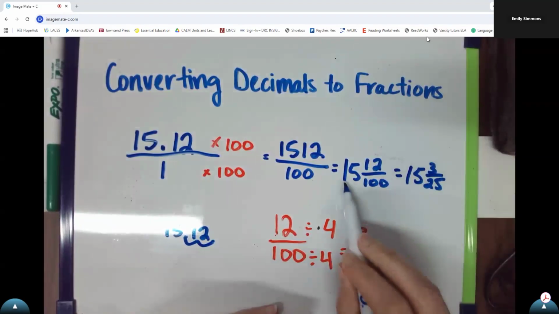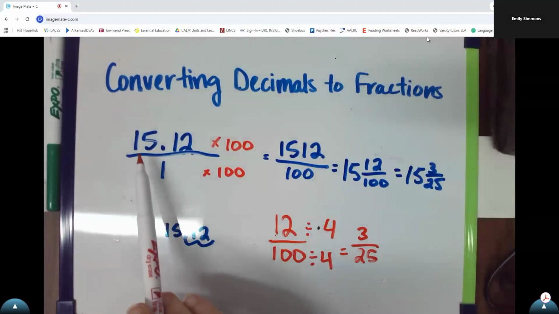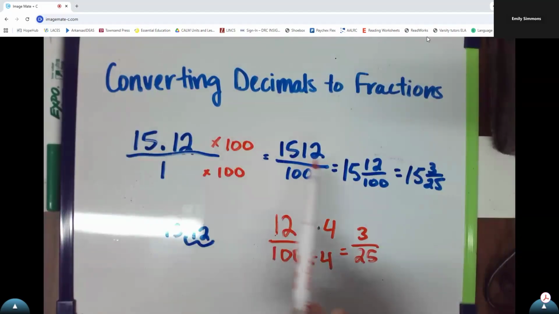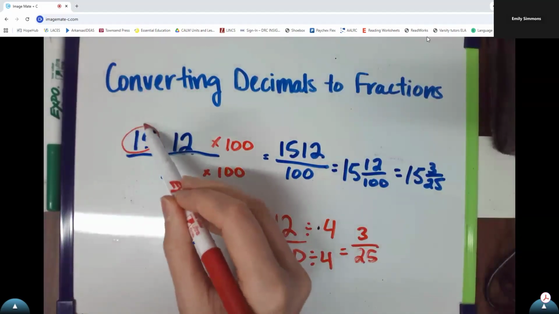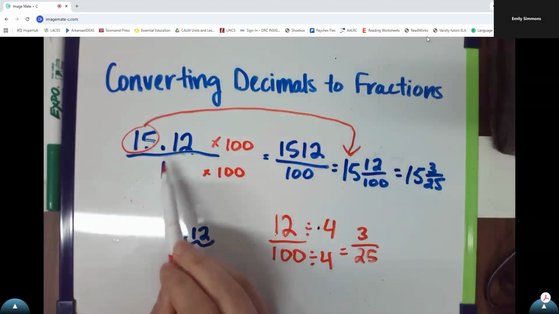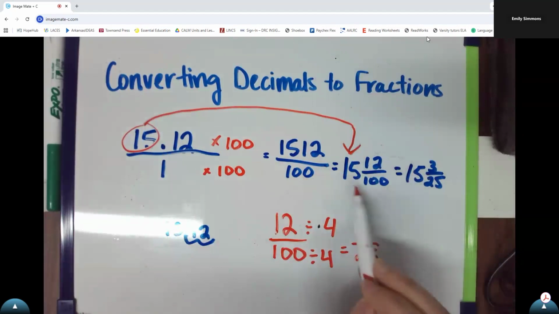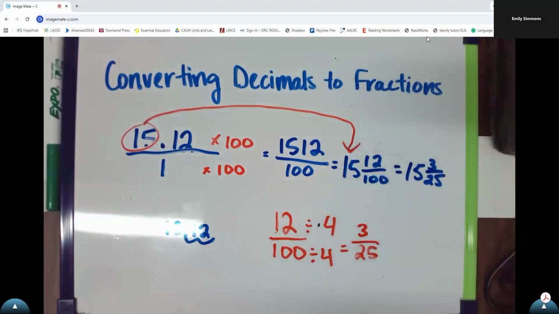Remember, you don't simplify your whole number when you simplify. We could have pulled the 15 out from the start and just immediately moved it straight over and had 0.12 over 1, and that would have saved us this step. But if you forget, you can always do that step.